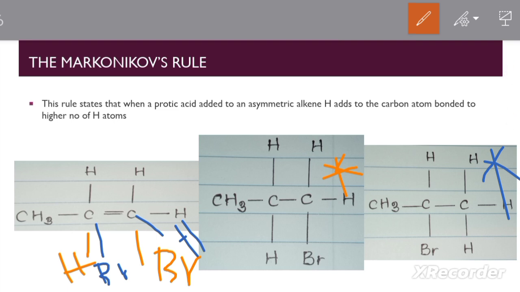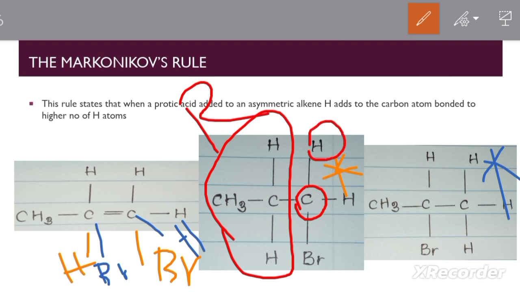So let's see how to find the carbocation. We have to focus on the carbon atom where bromine is attached. Right? This is the center. And here this is an R group.